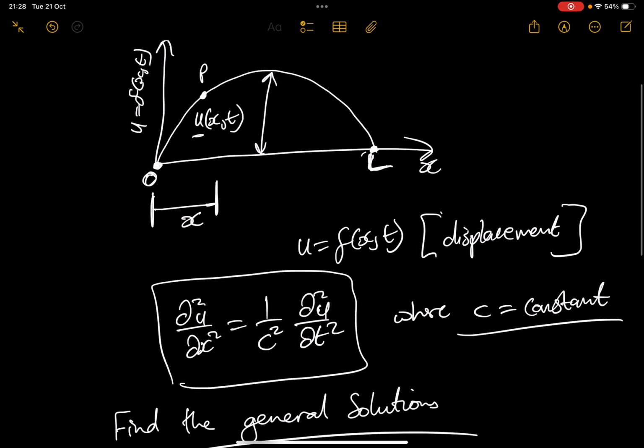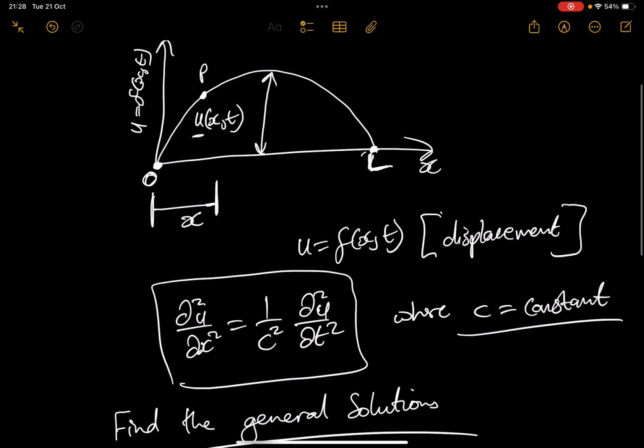That's why we are calling mu a constant. So now we can separate these two: X double prime over X equals mu, and 1 over c squared T double prime over T equals mu.